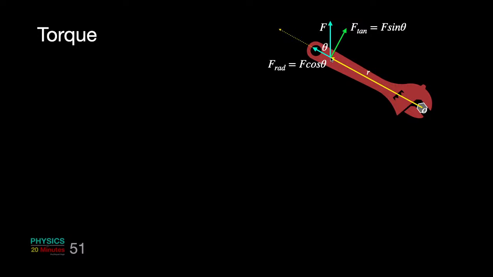So for the tangential component, since it is perpendicular to the R vector, R becomes the lever arm. So torque is given by F tan into R, which is F sine theta into R, which is also F R sine theta.